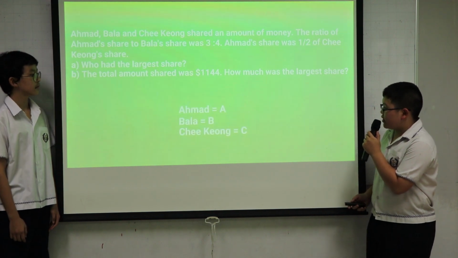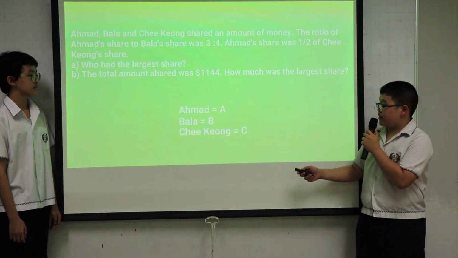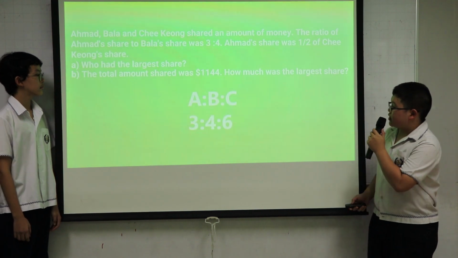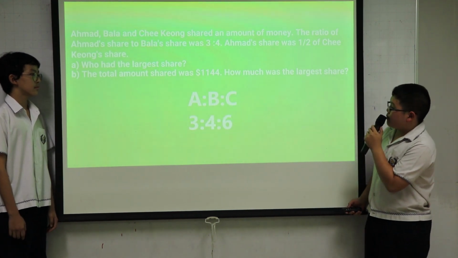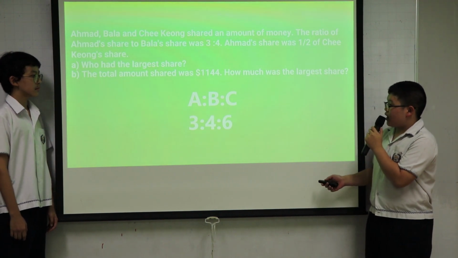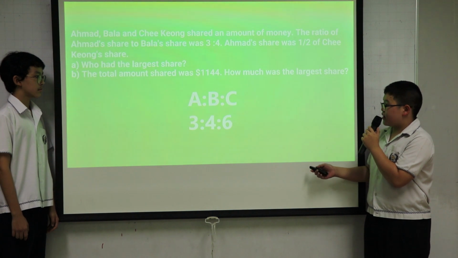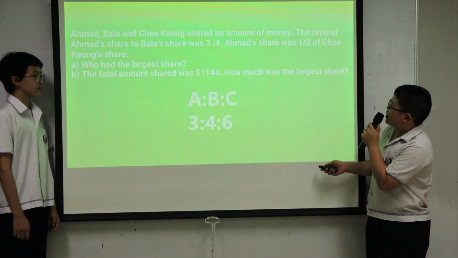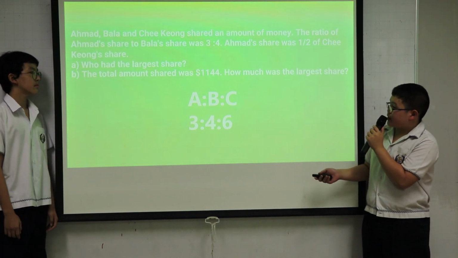We will represent Ahmad as A, Bala as B, and Chi Kyung as C. So in the question, Ahmad and Bala's share was 3 to 4. And I'm going to ask, what's Chi Kyung? 6 here. You see, in the question, it says Ahmad's share was 1/2 of Chi Kyung's share.